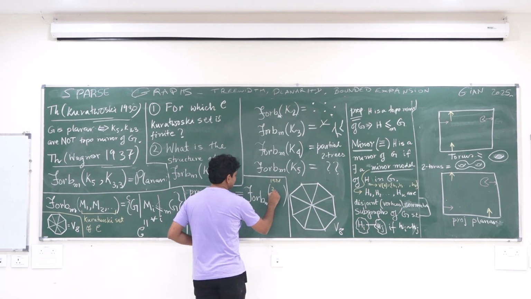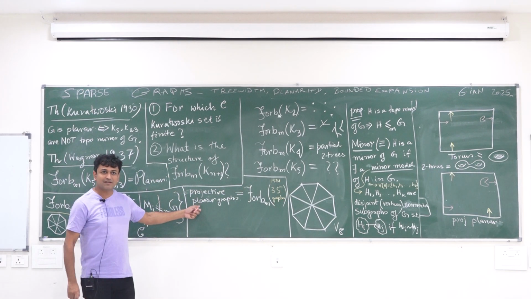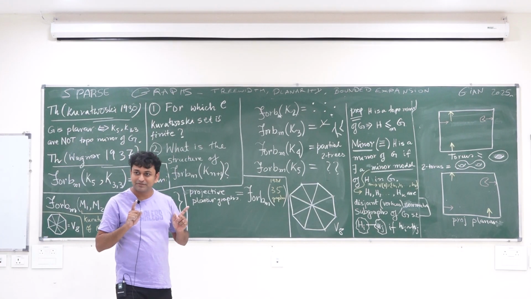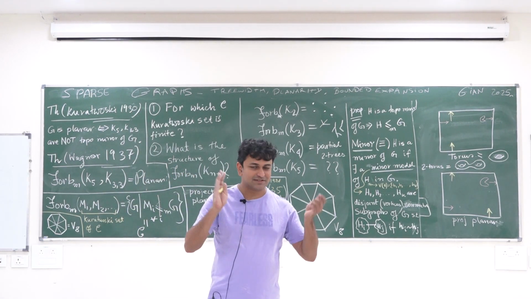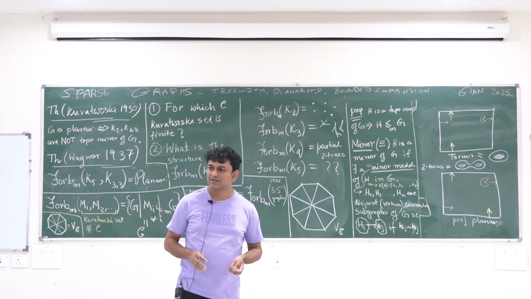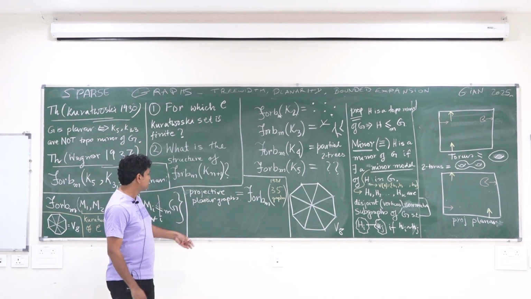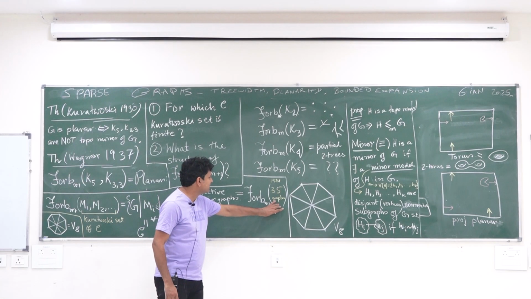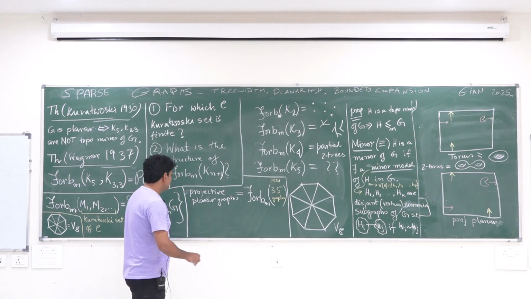It's 35. By the way, projective planar graph also has a forbidden induced subgraph characterization that has more than 100 graphs, some 130 graphs, 120. But we like forbidden minors more, and that's the topic.